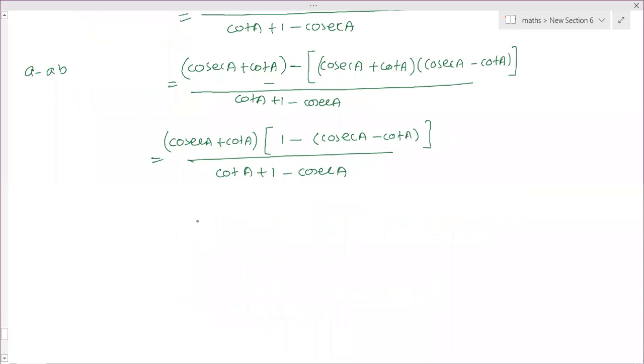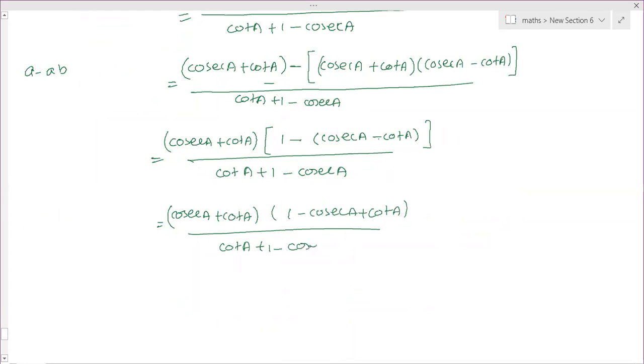So now, see, open the bracket. Cosec A plus cot A, 1 minus cosec A minus minus plus cot A, divided by cot A plus 1 minus cosec A. Now compare this bracket and this bracket.